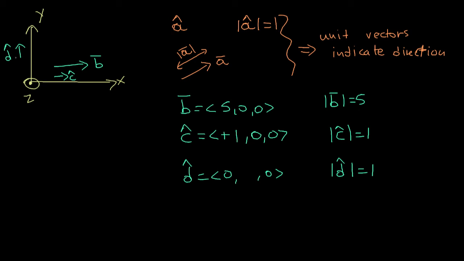So here, since this unit vector points in the positive y direction, I need to have plus 1 for the y component. 0 in the x, positive 1 in the y, and 0 in the z. This is the unit vector, that d hat, that points in the positive y direction.